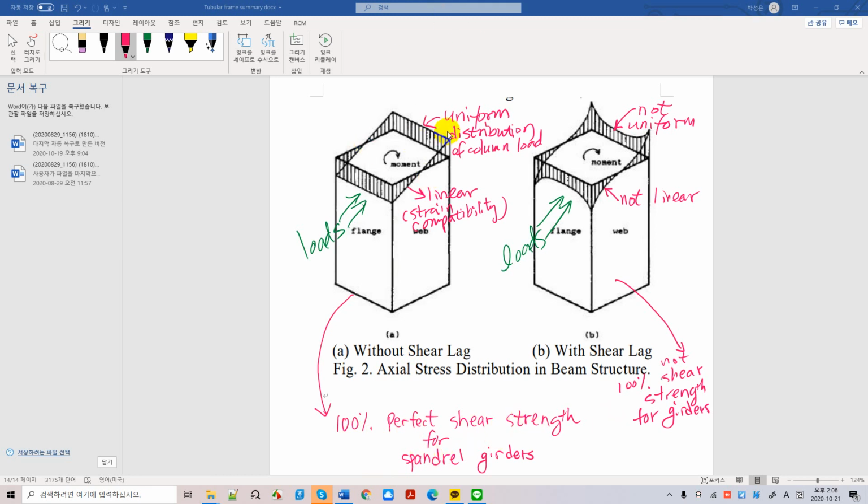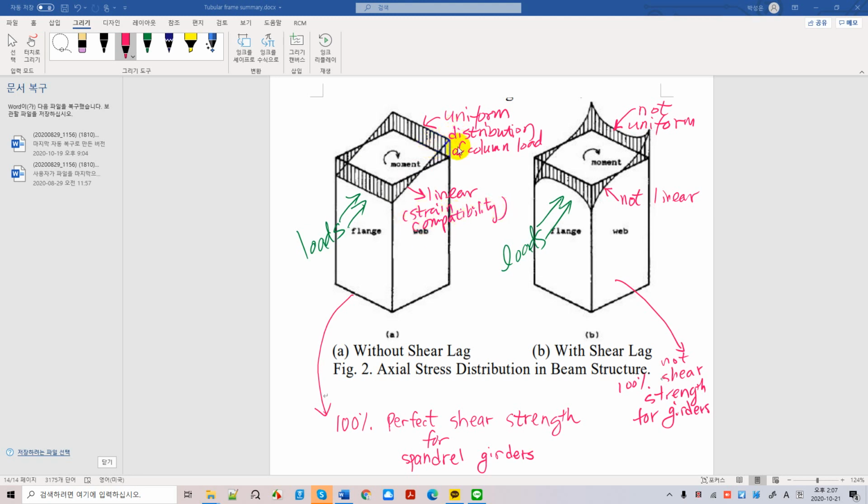So we have a linear transformation of the load from the tension flange side to the compression flange side, so that the column load on the web frame follows linear, so that the distribution of transferred load on web frames follows strain compatibilities.